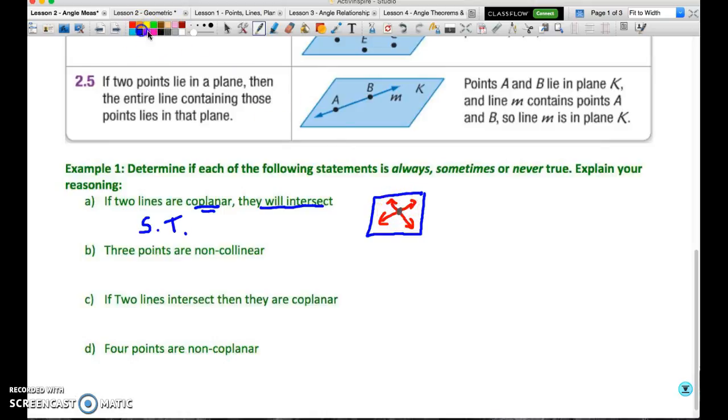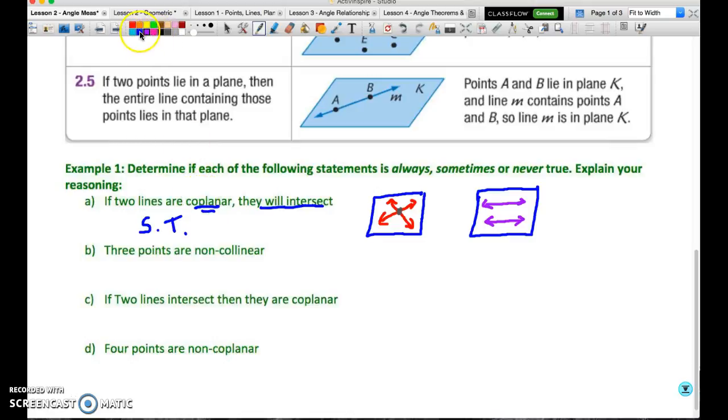But we do have another possibility, and that is, of course, within the plane, we have 2 lines that are coplanar, but those 2 lines are, in fact, parallel to each other, and that would be the instance in which they would nonetheless be coplanar, but they would not intersect.